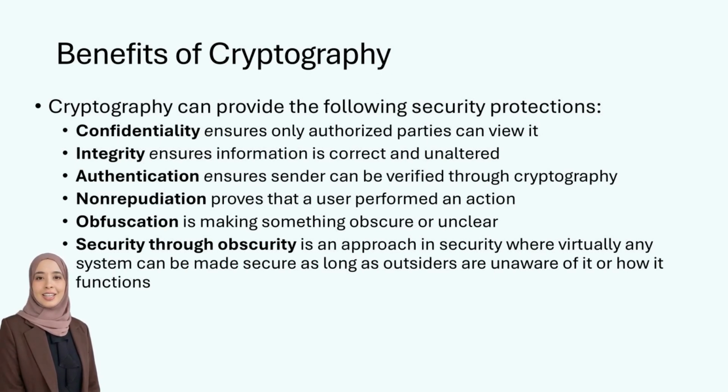And lastly, security through obscurity, the idea that a system can be secure if no one knows how it works or has access to it. All these benefits work together to keep our data safe and secure.